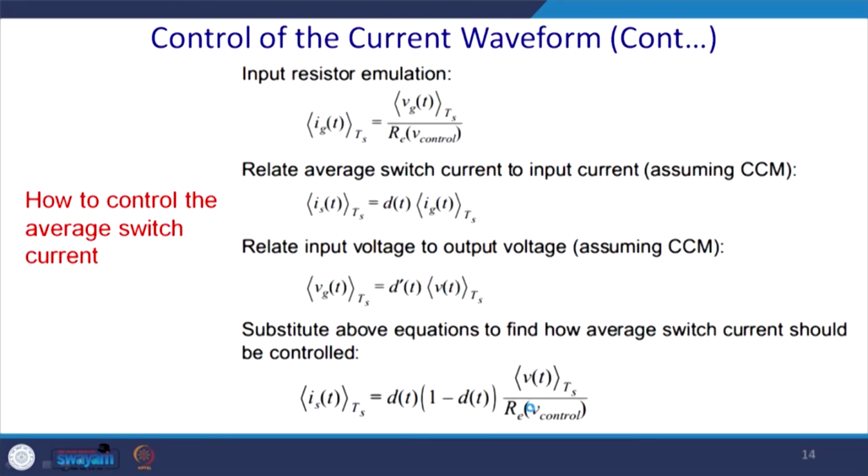So, from there you can say that the effective current becomes Ig, that is Vg by Re V control. We relate this switch current to the input current assuming that it is CCM. So, it will be Is of Tts equal to dt Igt of Ts.